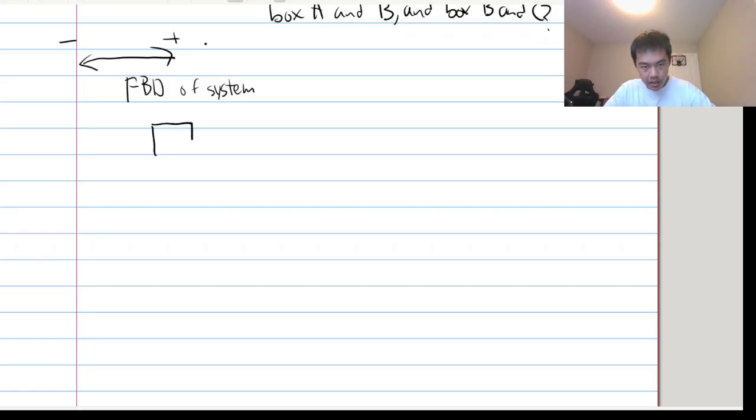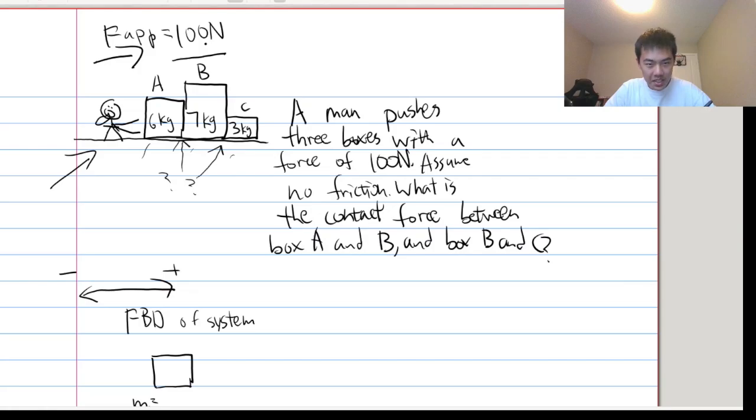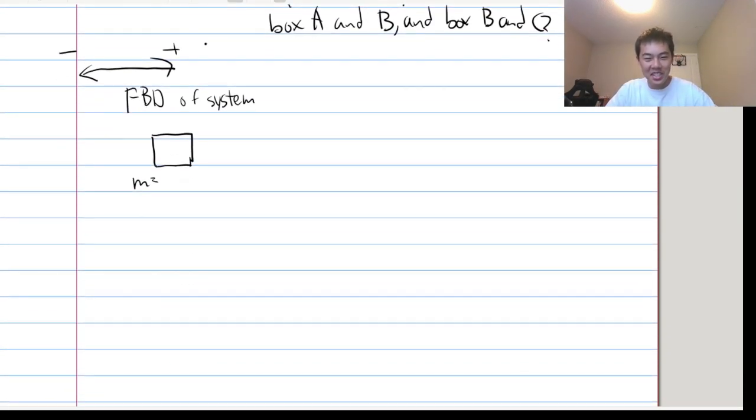Let's draw a box. This is a super box. This box isn't just a normal box. You can imagine it as containing all of the boxes in one small box. Its mass is equal to 6 plus 7 plus 3, which is equal to 16 kilograms.